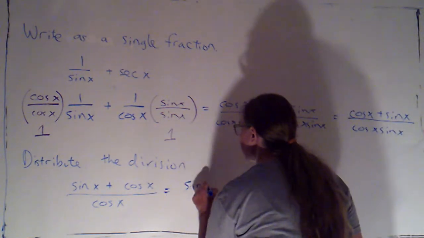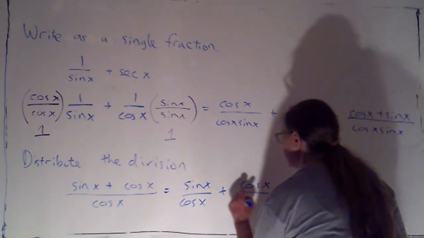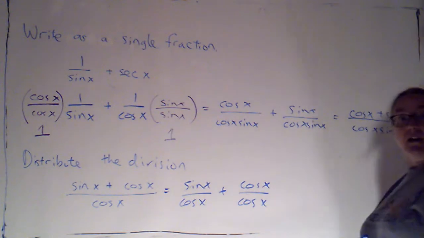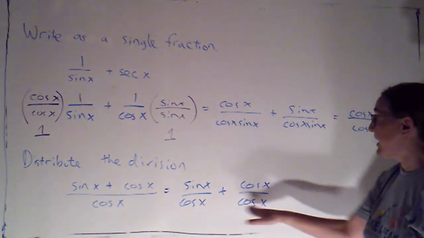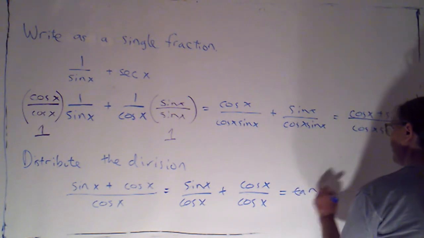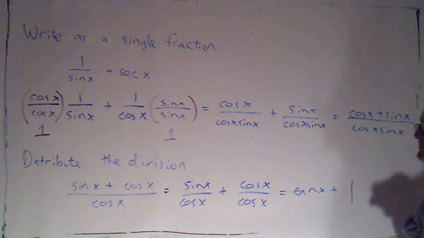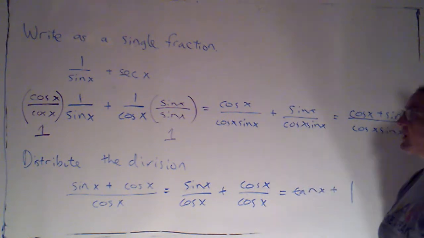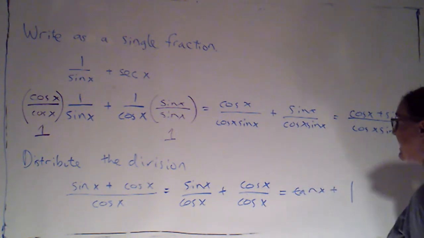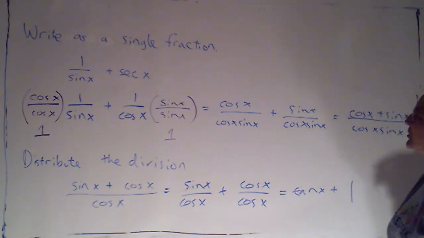So I could say this is sine x over cosine x plus cosine x over cosine x. And then I can simplify each fraction. I could say that's tangent of x plus 1. Cosine over cosine is going to be 1, at least provided that cosine isn't 0. Okay. And of course, if cosine was 0, tangent wouldn't be defined. So we're good to go.